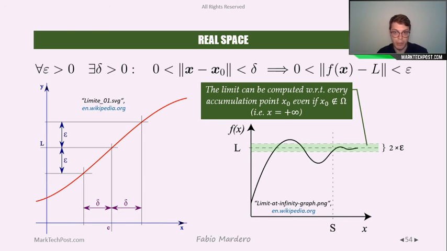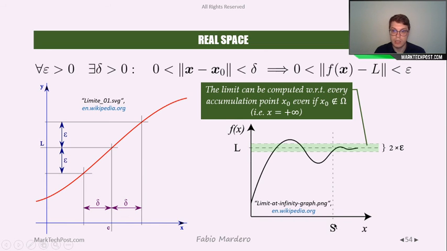But remember that the limit at a point is defined with respect to every accumulation point, not every element in the domain. Remember the example we have seen for the 0-1 segment with the series that converges to 1, but S did not contain the element 1, and 1 was still an accumulation point for S. That's the same for the limit.